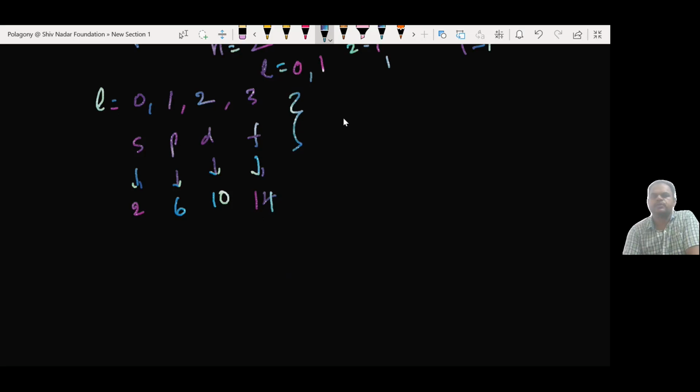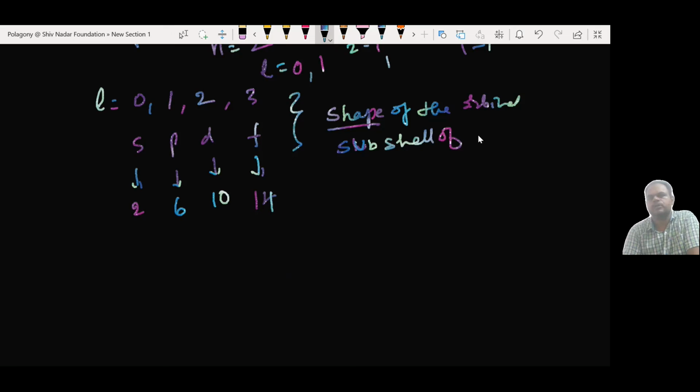Finally, the azimuthal quantum number signifies the shape of the orbital and the subshells of the orbits or stationary orbits.